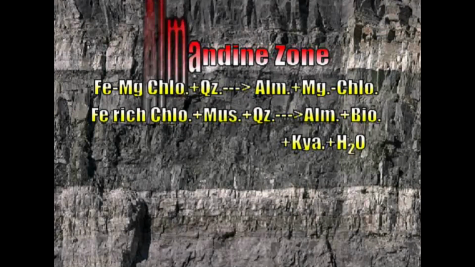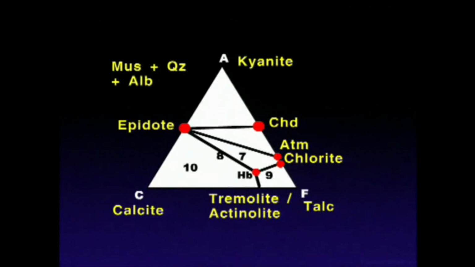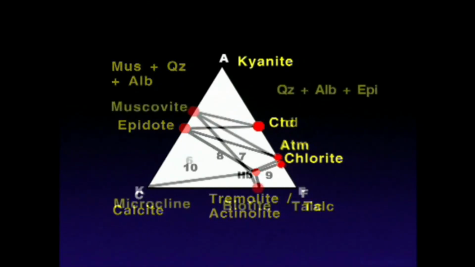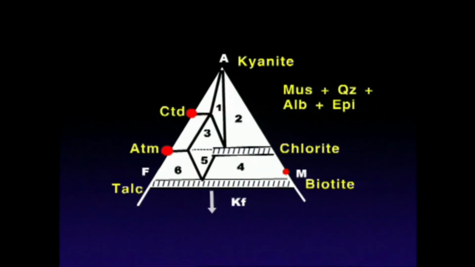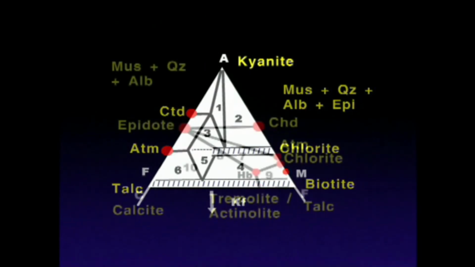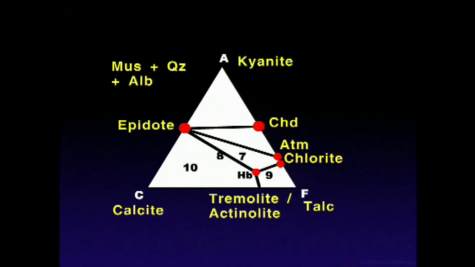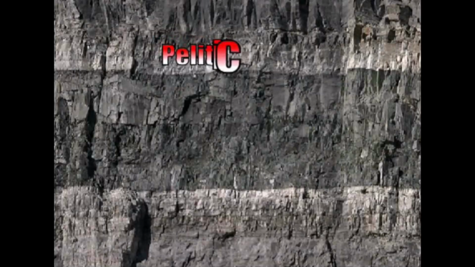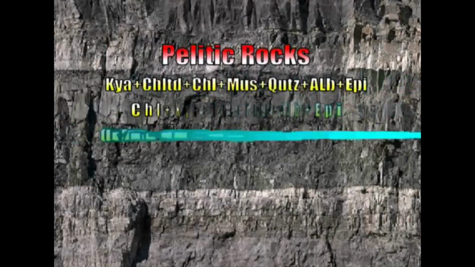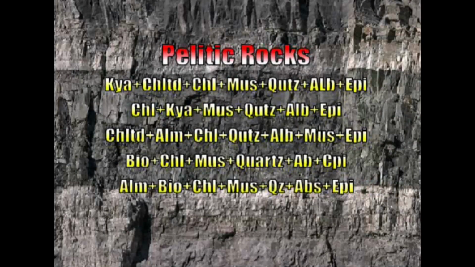Mineral assemblages: on the basis of ACF, AKF and AFM diagrams, we can recognize the following mineral assemblages. The pelitic assemblages are as follows: kyanite, chloritoid, chlorite, muscovite, quartz, plus minus albite, plus minus epidote.